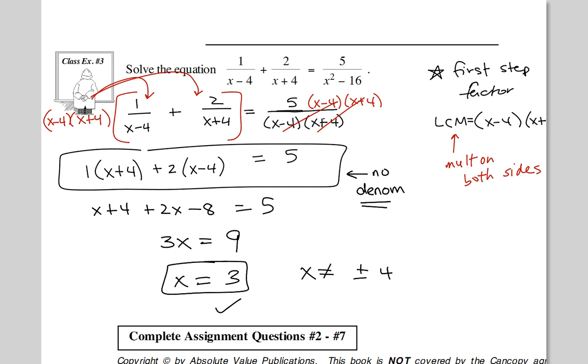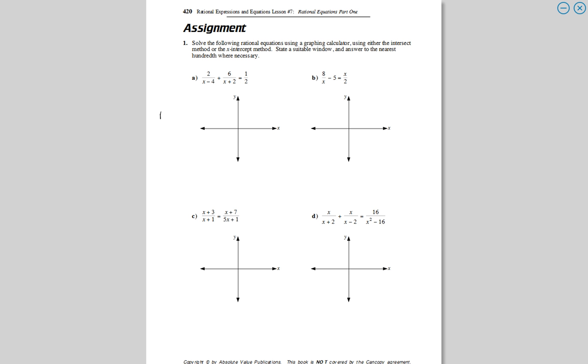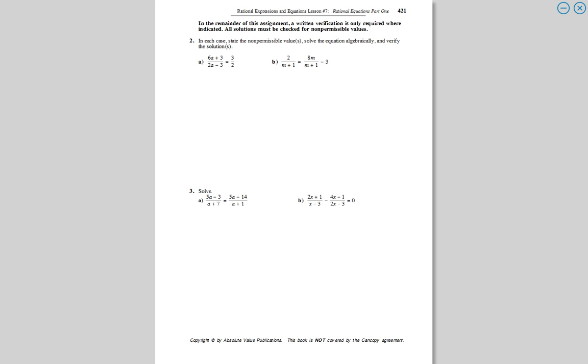Okay, so all of number 2. So you can do number 1, no sketches if that's what you want. You could sketch, I mean, it's your choice. Number 2, all. And if you were looking to only do 2 of them, do A and B. But I would recommend all of them.